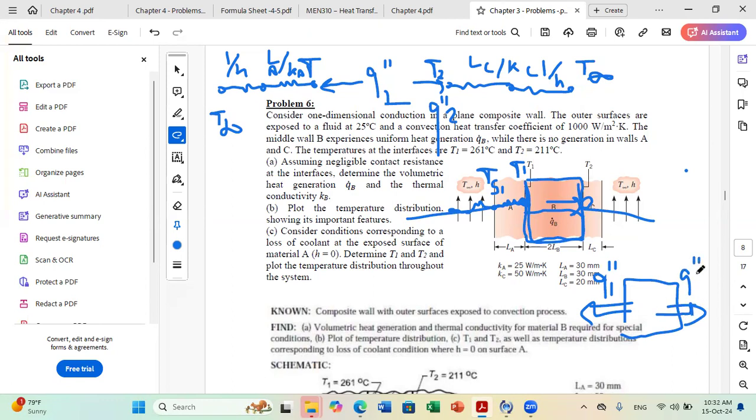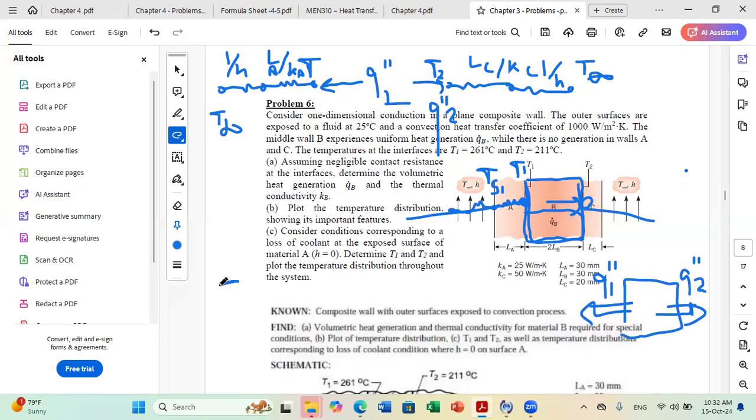But how to relate Q second 1 and Q second 2? I should look at material B. For material B, I can take the whole material and apply the energy equation. I have generation in material B, and I have steady state, so no E dot stored; E dot stored is 0. No E dot in, I just have E dot out.